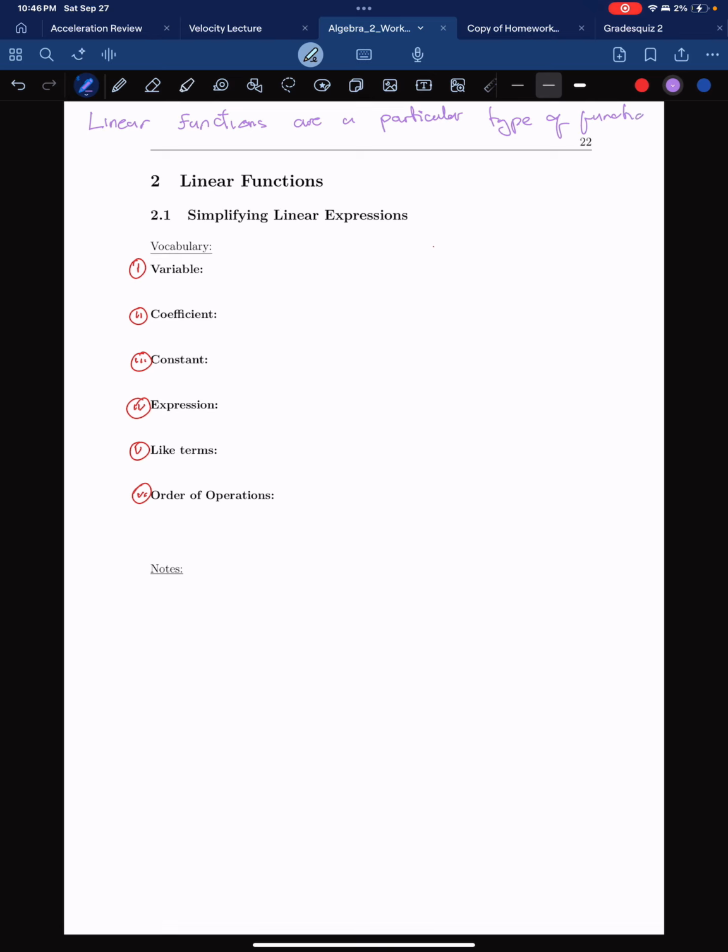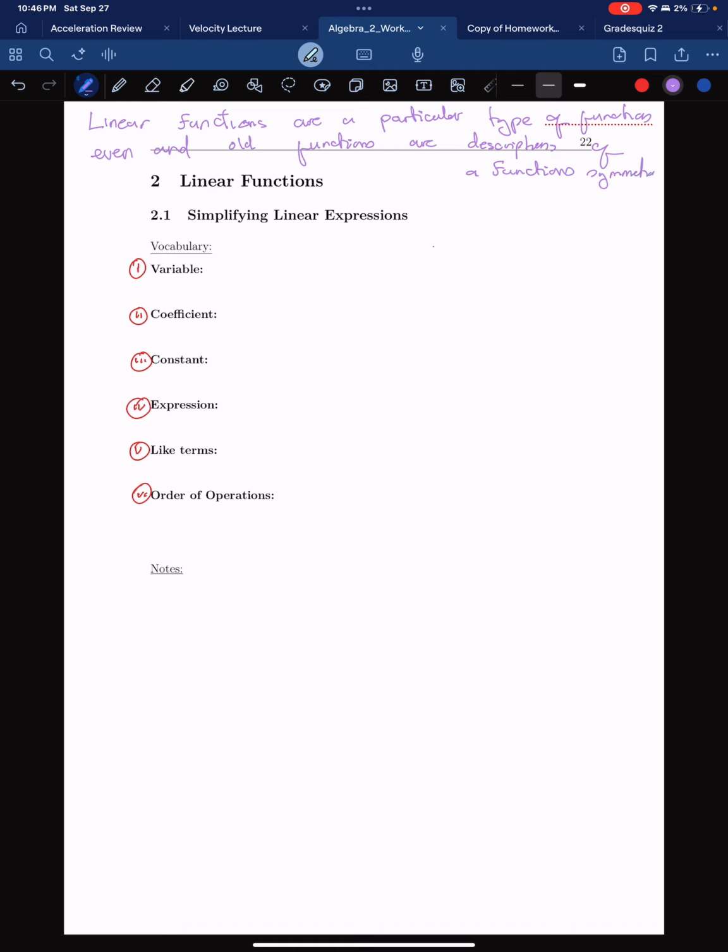Even and odd functions are descriptions of a function's symmetry.